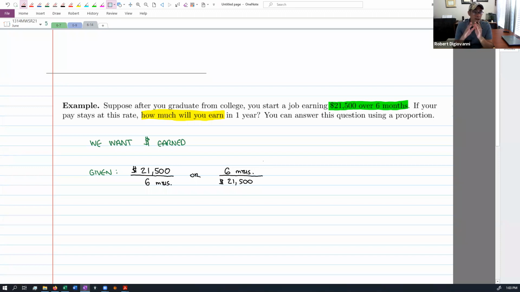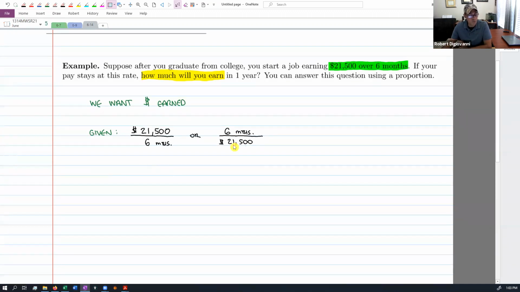Okay, so it's very important. Anytime you're given a ratio, you can always write that ratio 2 different ways. You can write 21,500 over 6, or you can write 6 over 21,500. Now, why is this important to solving problems?